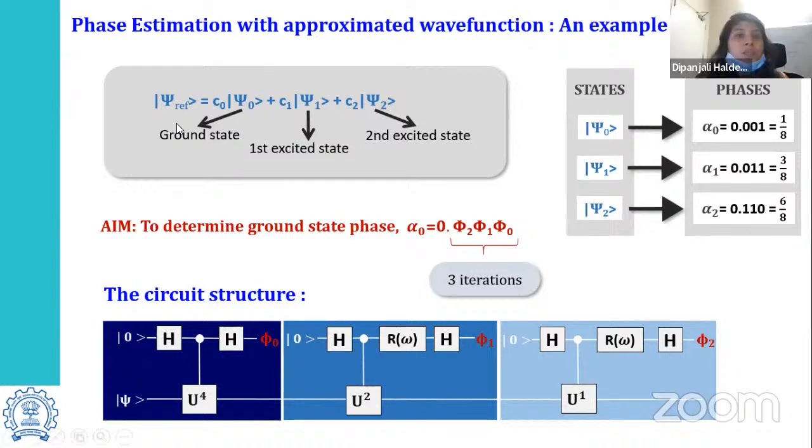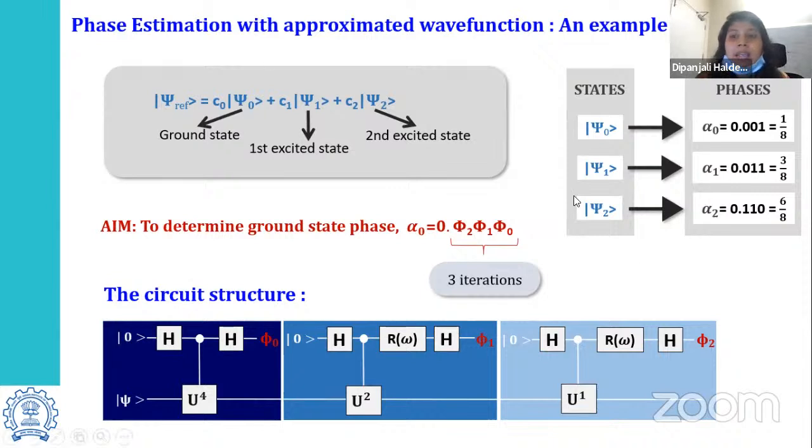Now here is a small example where I have taken the initial reference state as a linear combination of three Slater determinants. It's just an example. We have taken a linear combination of the ground state chi0 and the two other excited states, chi1 and chi2.